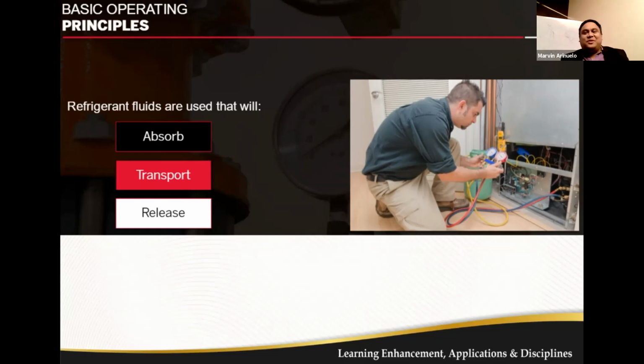To accomplish this transfer, refrigerant fluids are used that will readily absorb, transport, and release heat under controlled conditions. This fluid operates in both liquid and gas states. Actually, when the refrigerant in a typical refrigeration system enters the evaporator, it changes phase from liquid to vapor or gas. When it enters the condensing unit outside, it becomes liquid.